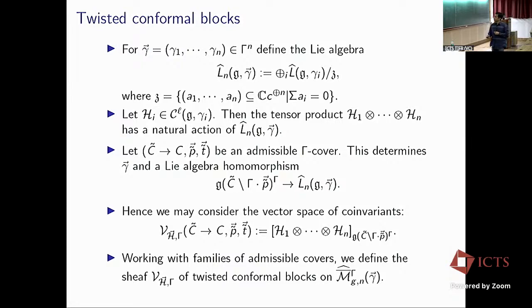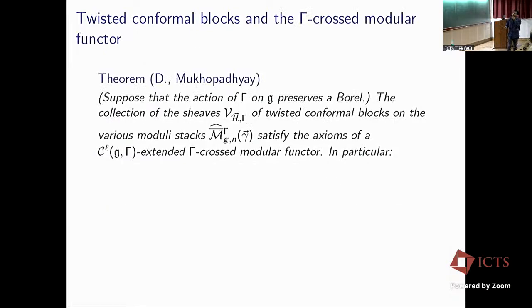Yeah, so here we have lots of such stacks of admissible covers, and we can vary G, N, and these monodromy data. Again, I've put this first assumption of gamma preserving a Borel in brackets because that's in our old work, but we are working to remove this assumption.